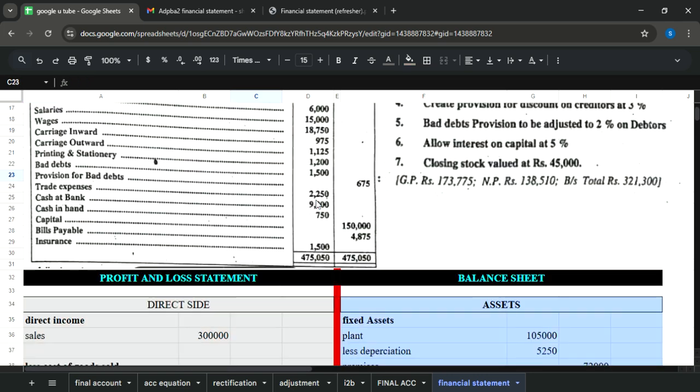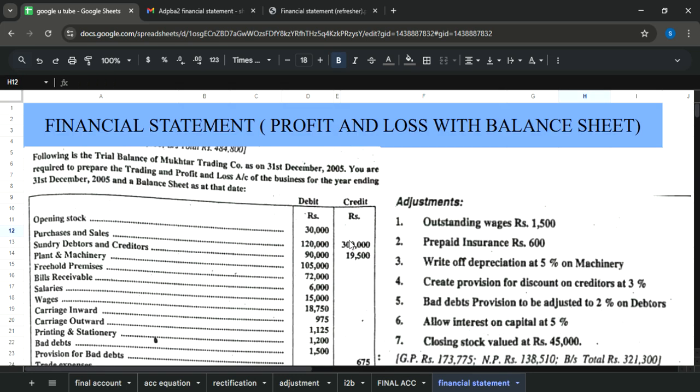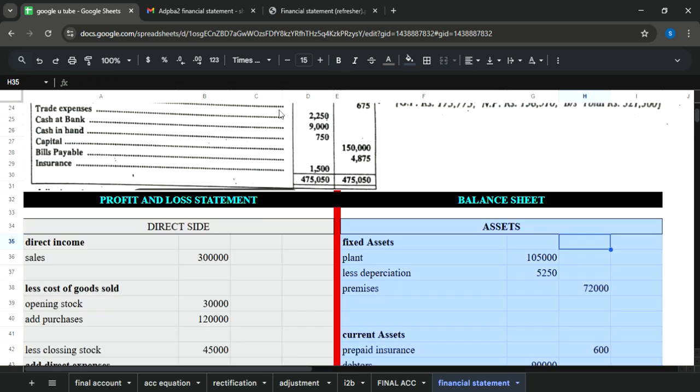After trade expense we have cash at bank. This is part of current asset, so you will come over here, cash at bank, amount of which cash at bank 9000.